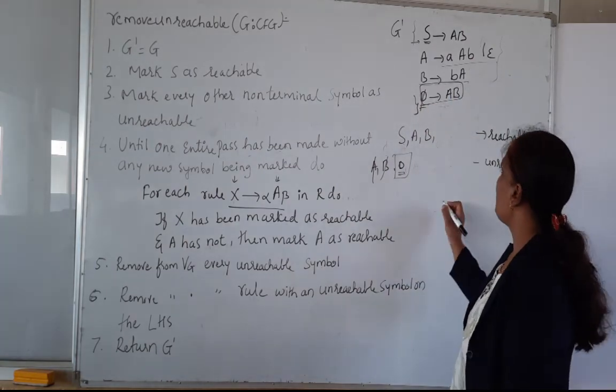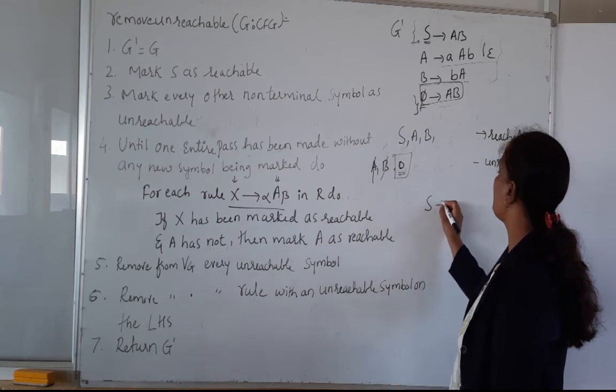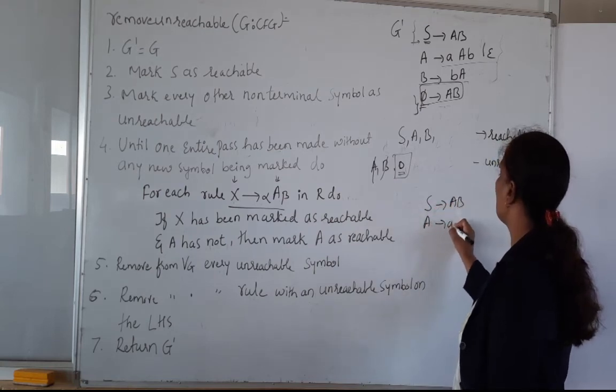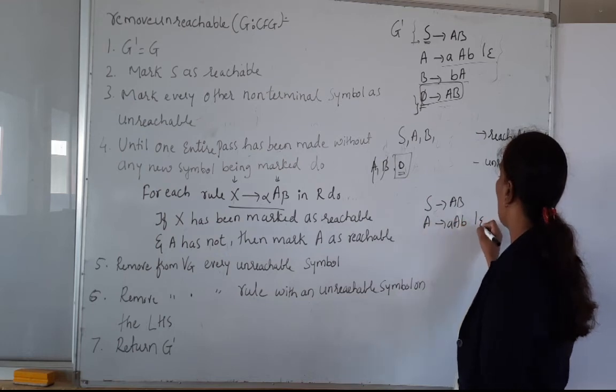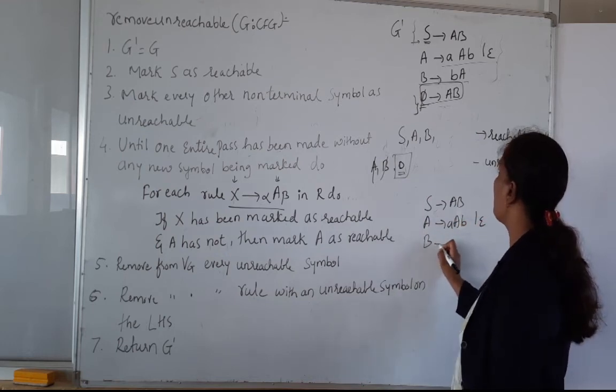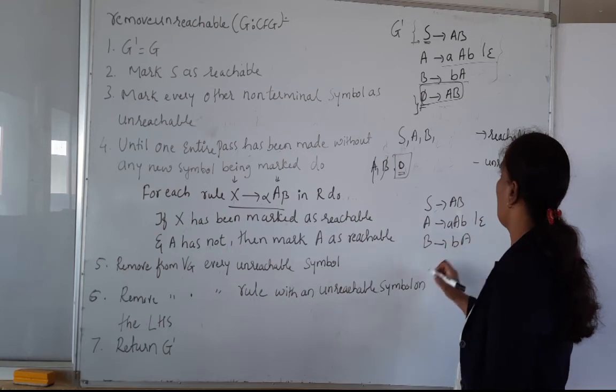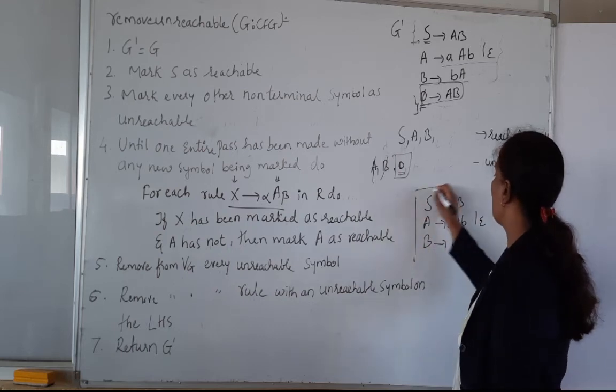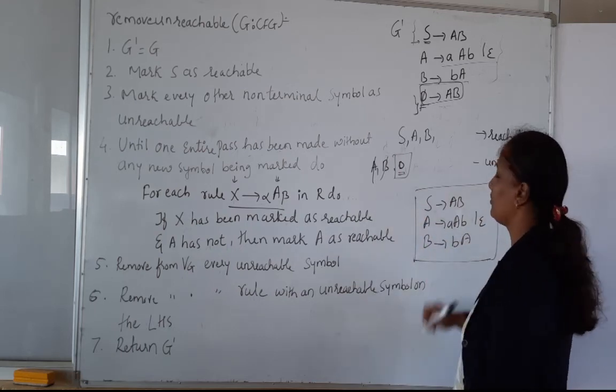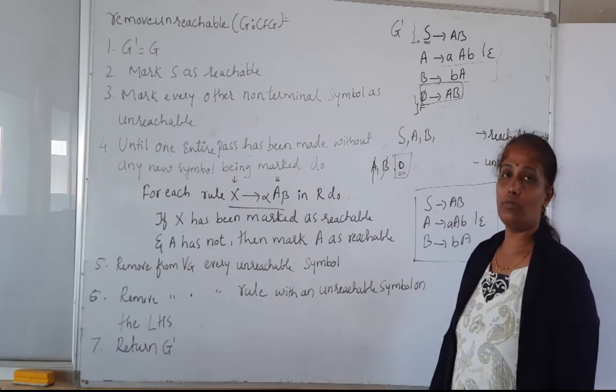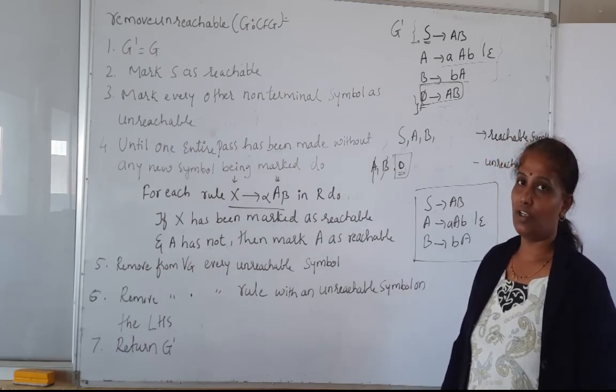After removing that, what do I get? S produces AB. Next, A produces AAB or epsilon. Next, B produces BA. So this is my final grammar, which is free from unreachable symbols.